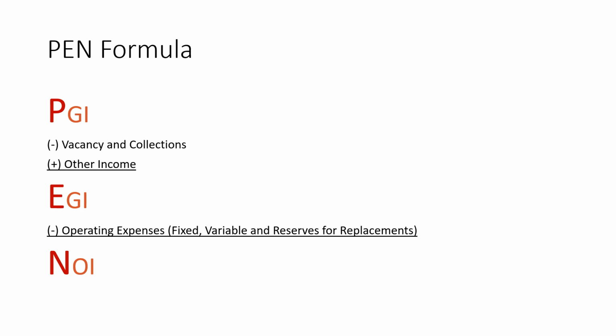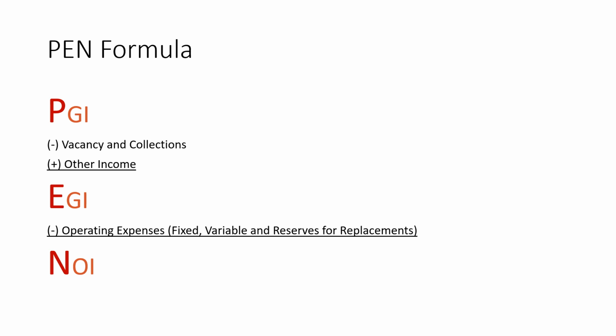So if you worked a job where you could work 40 hours, your potential gross income, the most you can make, would be $400 a week. Now they're going to stop and they're going to take out taxes, unemployment, Social Security, and all that out of your check. So we're going to call that the vacancy and collections. They're going to collect that money for the IRS, and it's going to vacate your check of some dollars.